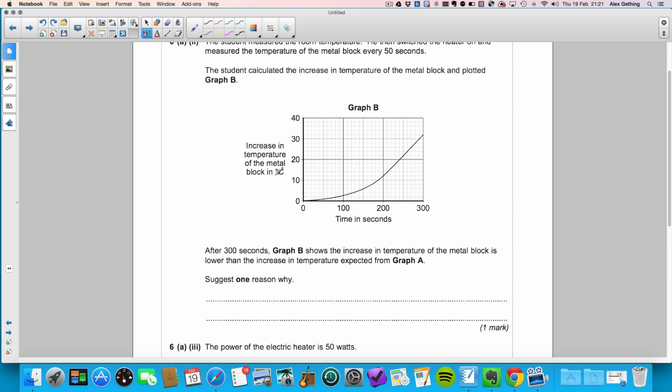And clearly it's because some energy is going to be lost from the block to its surroundings. You could also say that the block wasn't insulated.